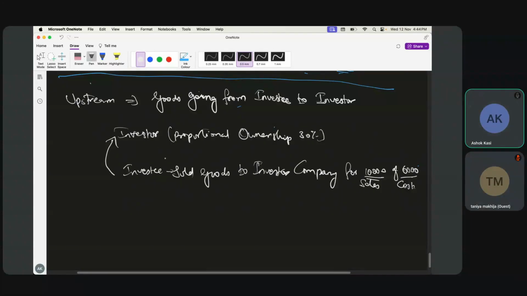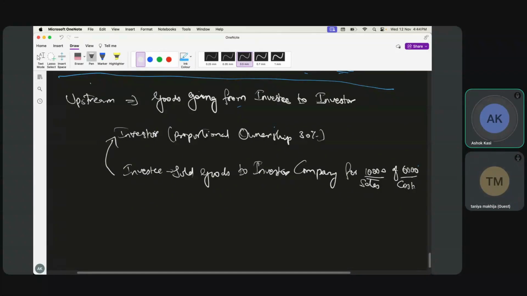Now they are partners kind of thing, right? So now the investee is selling goods to the investor, so easily he can increase his sales, and he will show more profit. But now the problem is, imagine, is the investor able to further sell it or not?